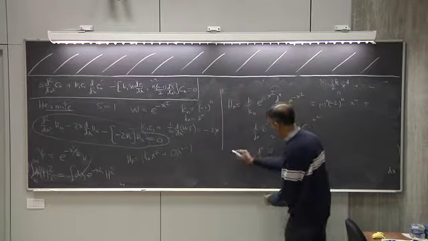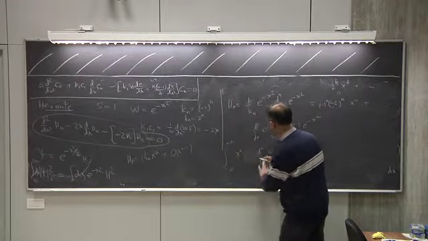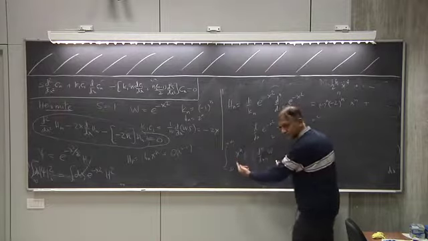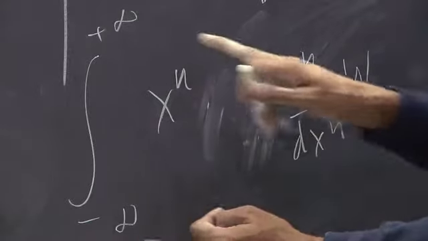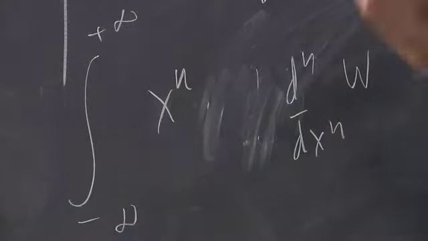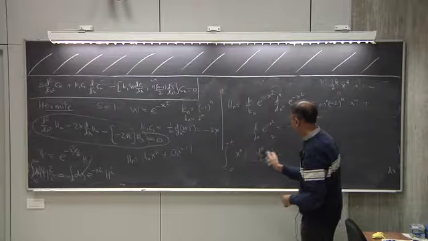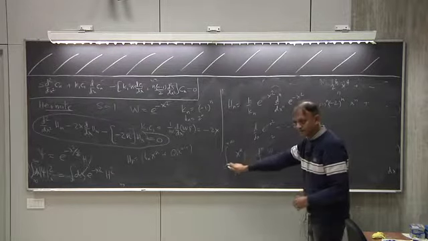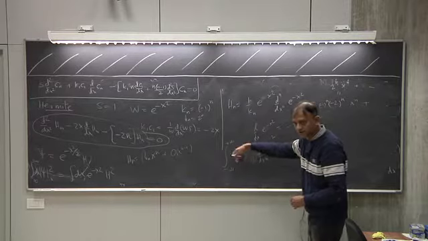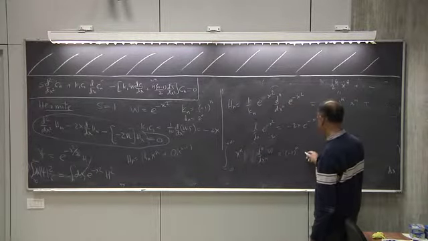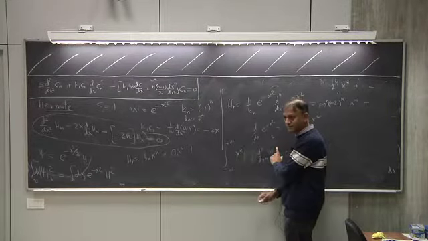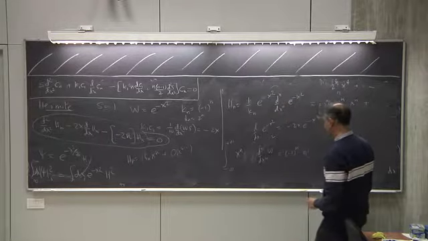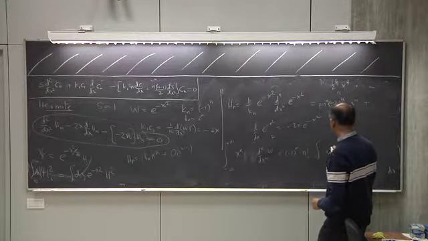Now this w cancels, and the integral is from minus infinity to plus infinity. You can do integration by parts n times. The boundary terms will always vanish because this w involves a Gaussian exponential. So you will get a minus 1 to the n, because you have to do this n times, and factorial n, because n derivatives acting on x to the n give you factorial n, times just the integral of w, which is e to the minus x square.